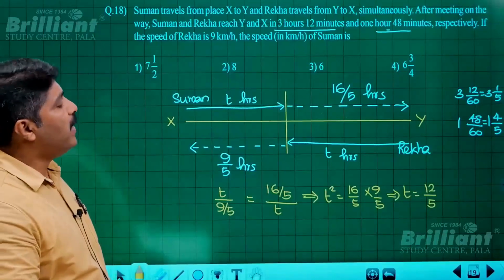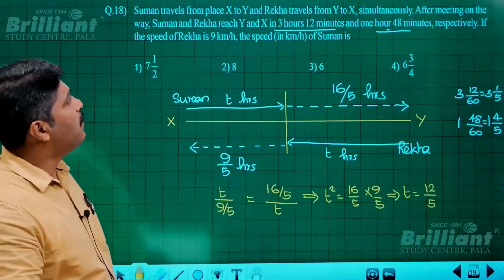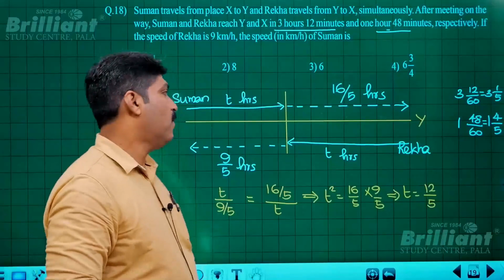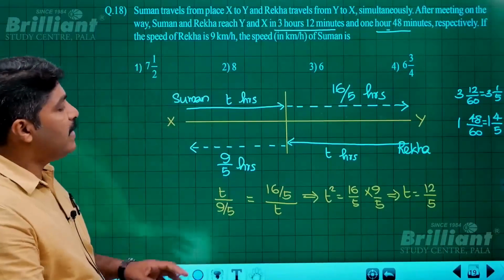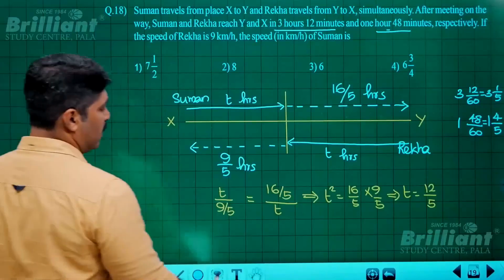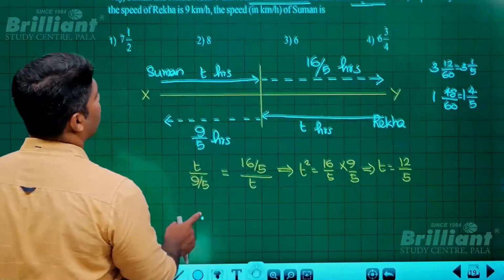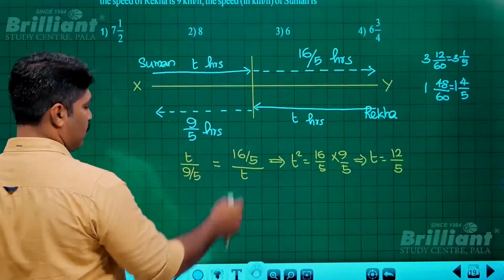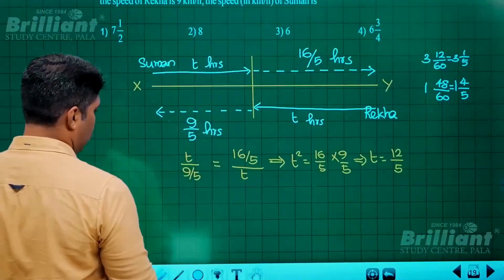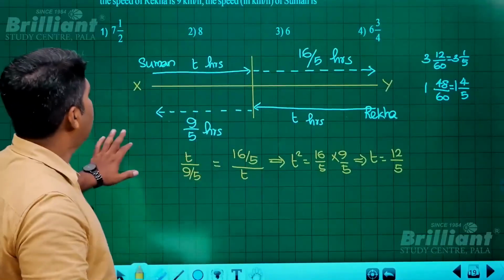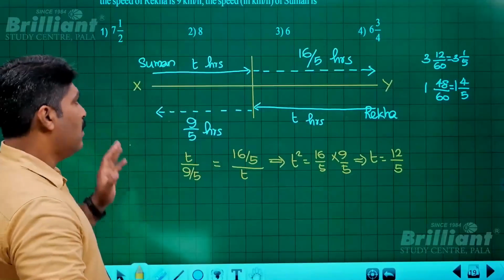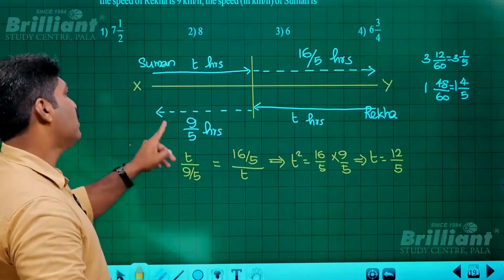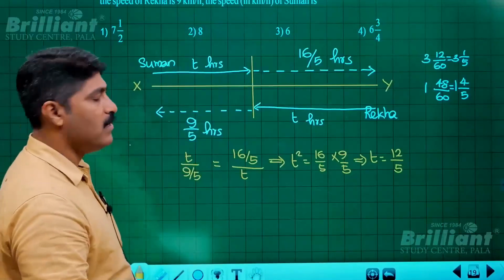So we have to find the ratio of the speeds of Suman and Rekha. For that, you simply consider this first part. Here it is given that Suman took T hours, and for covering the same distance, Rekha took 9/5 hours.